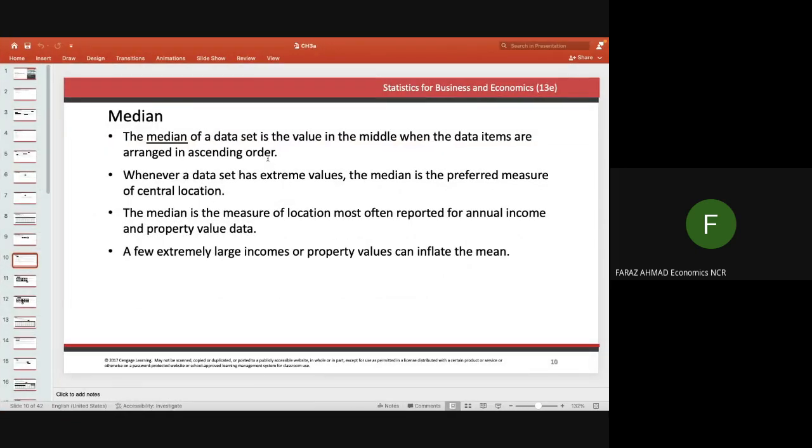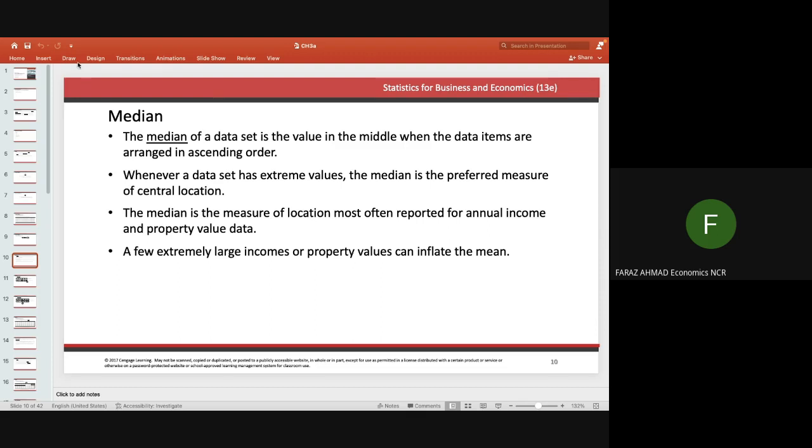So median of any set of data is the middle value. If you arrange all the values in ascending order, then the value which is locationally in the middle, so that it has the same number of values to the right of it and to the left of it, we call that the median of the data set.